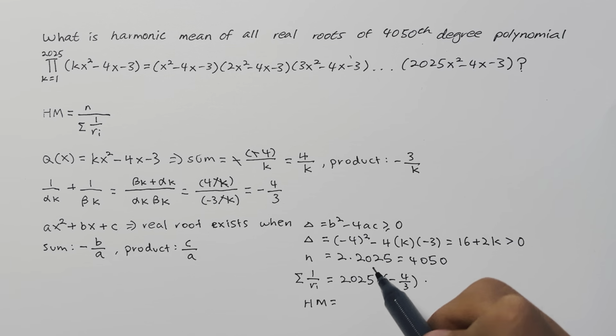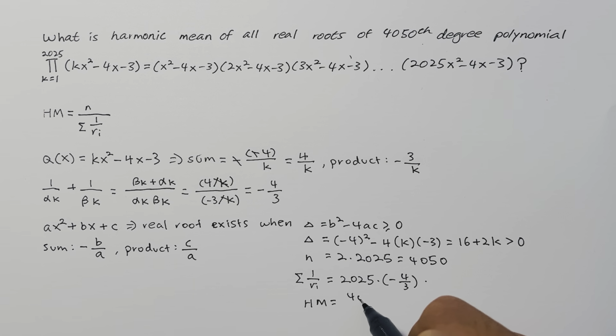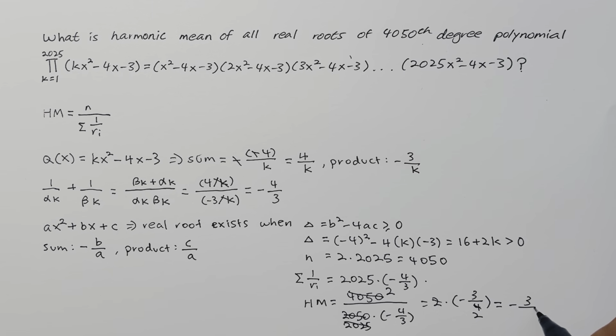This becomes 4050 divided by 2025 times negative 4 over 3. 4050 divided by 2025 is 2. So this becomes 2 over negative 4 over 3, which becomes 2 times negative 3 over 4, equals negative 3 over 2. And that is the answer to this problem.